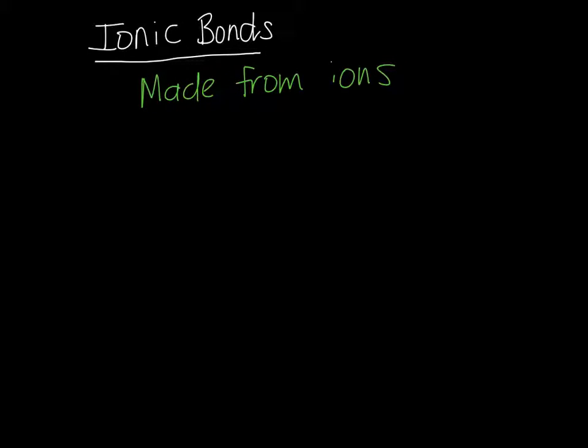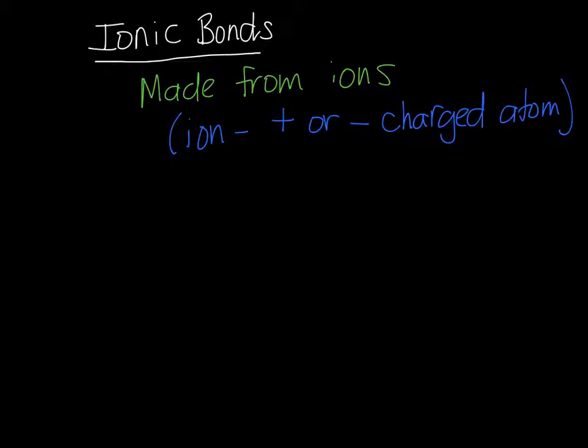And we should know, because this is something we learned already, but an ion is a positive or negatively charged atom. That means that that atom has lost or gained electrons.